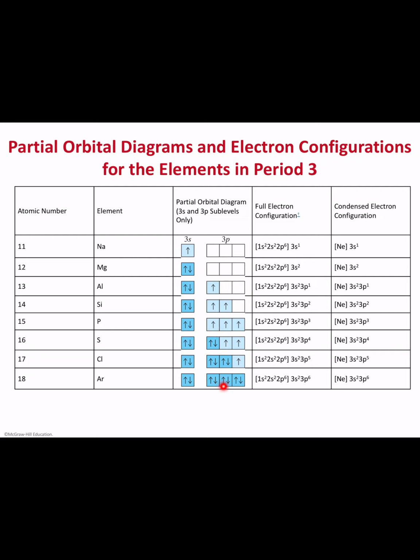One is the Aufbau principle, meaning the lowest energy fills up first, and then you use the exclusion principle. You can put two electrons in one orbital with spins paired like this. And then Hund's rule is when you fill up the same energy levels, first you have to singly occupy before you start pairing them up. See, 1, 2, 3, and then you start the next one, like that.